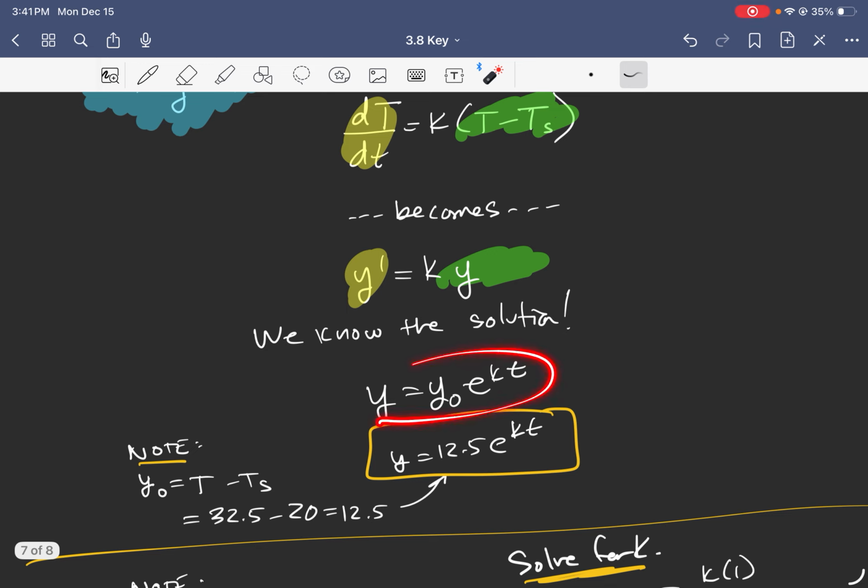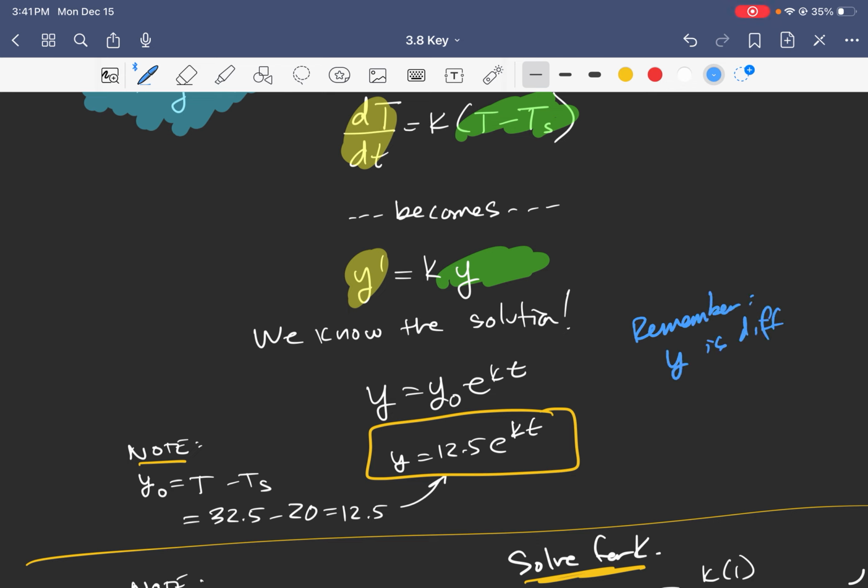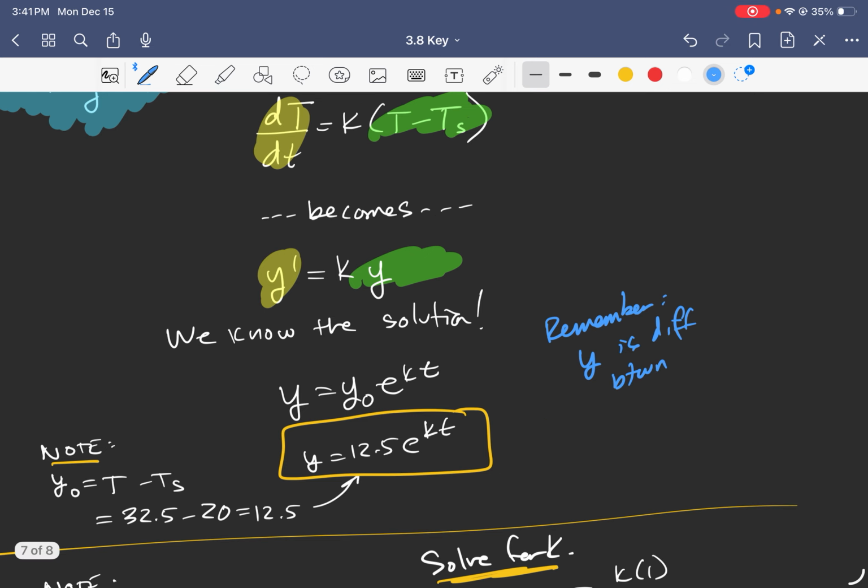So this is going to be our model. Every time, you have to remember that y is the difference between your stuff and the surrounding medium.